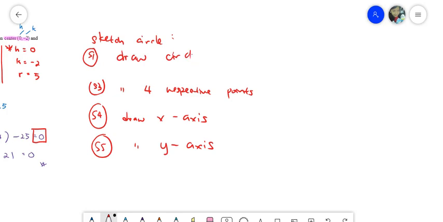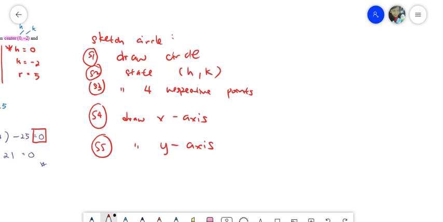Then after that you want to state your center of the circle, that is (h, k). That can also be done, it's not a problem. As I said, the order is not a big deal. The thing is you must include all the information here.